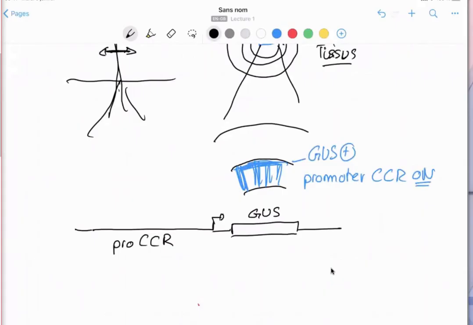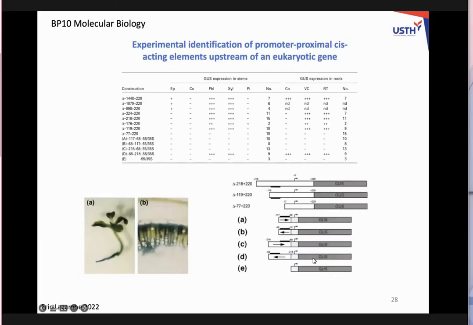And this promoter, as you can see in the picture, is able to drive the expression of the reporter gene, GUS gene, only in the vascular tissue. Okay? Is it clear, or do you want me to explain a little bit more? It's okay. So this is the typical pattern of expression during development of this gene.